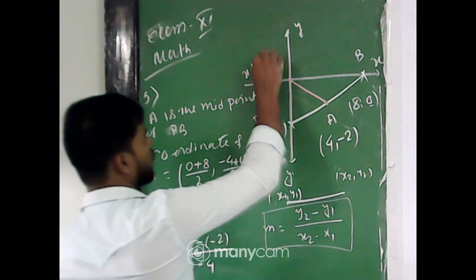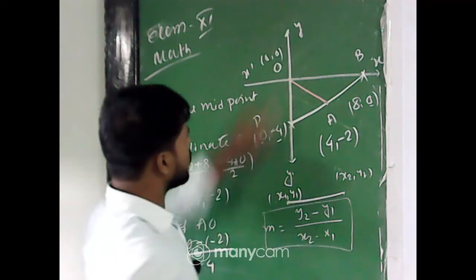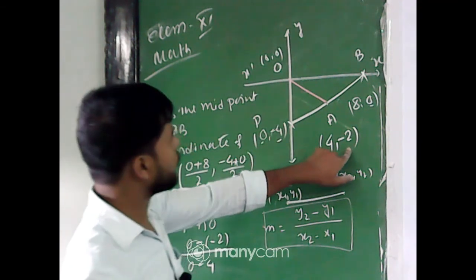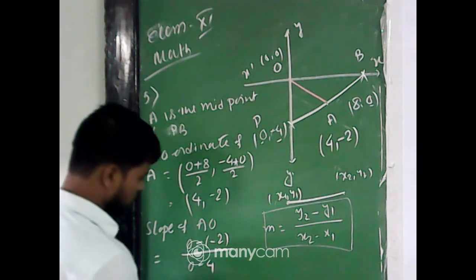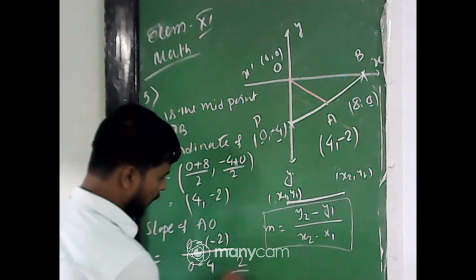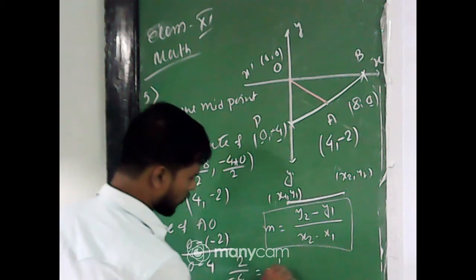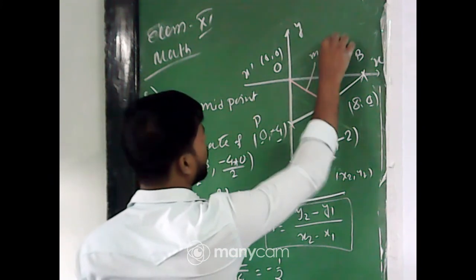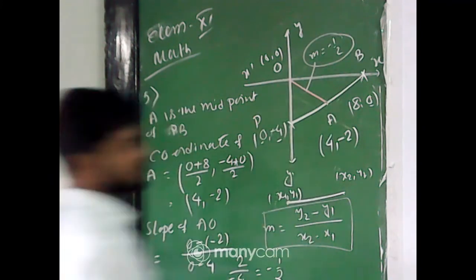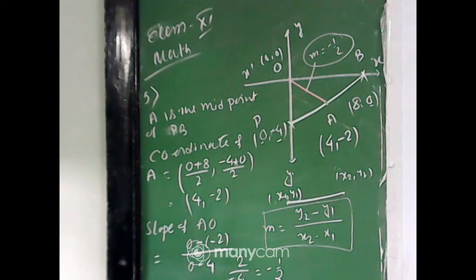The coordinate of the origin is 0 comma 0, so 0 minus of minus 2 by 0 minus of 4. So this is equal to 2 by minus 4, so that is equal to minus half. That means the slope of this line is minus half. And this is the result.